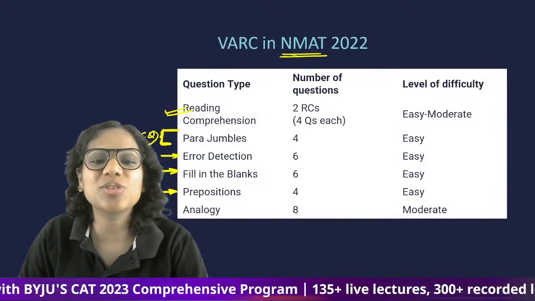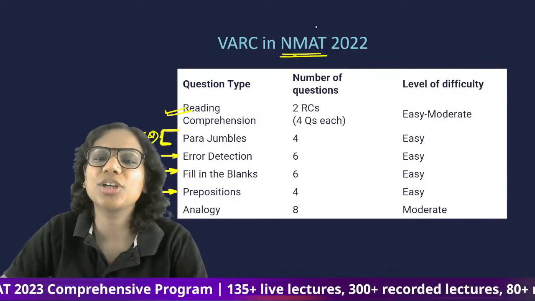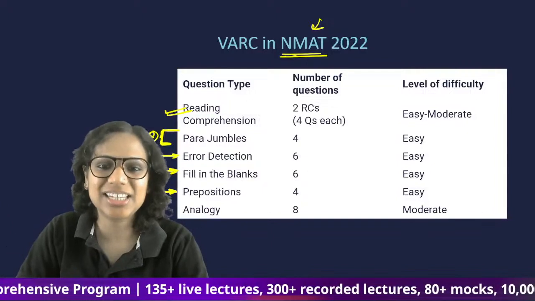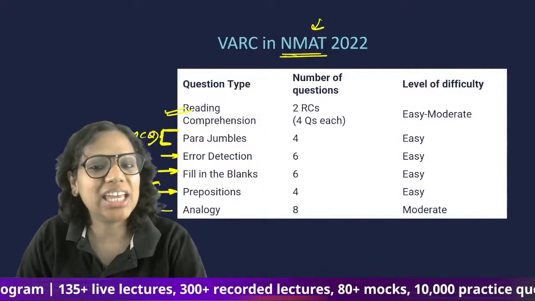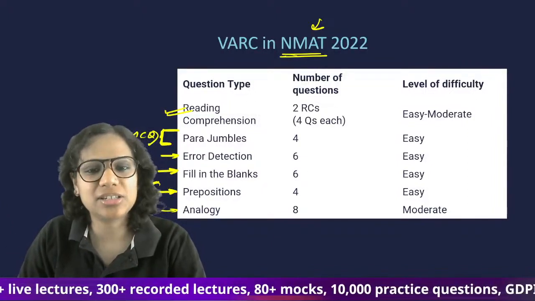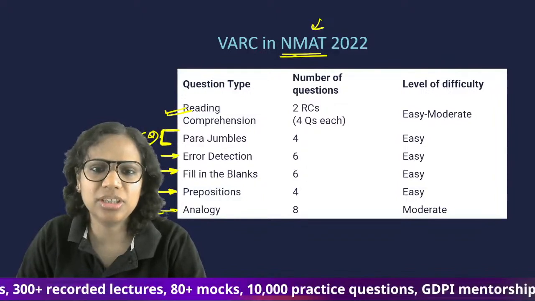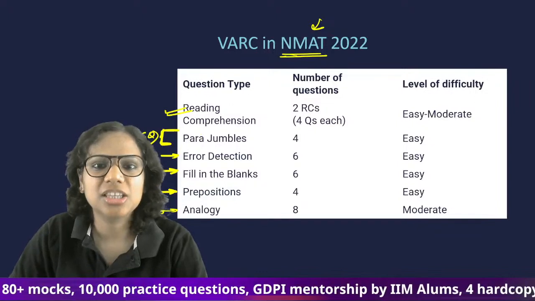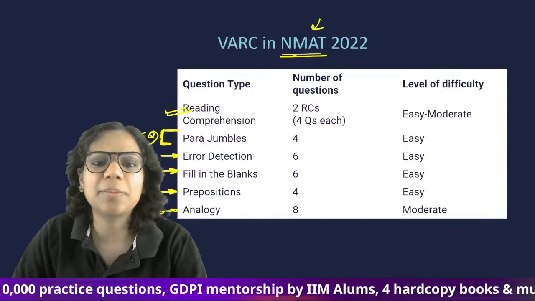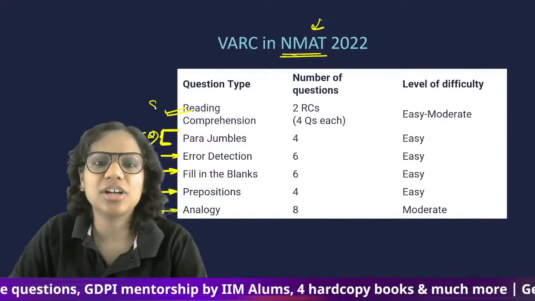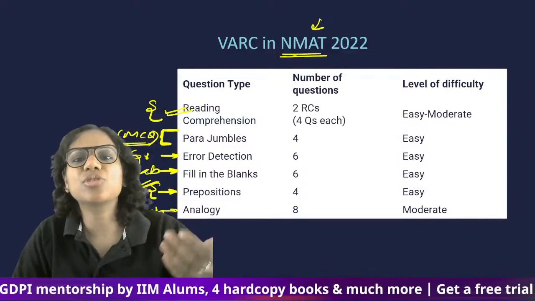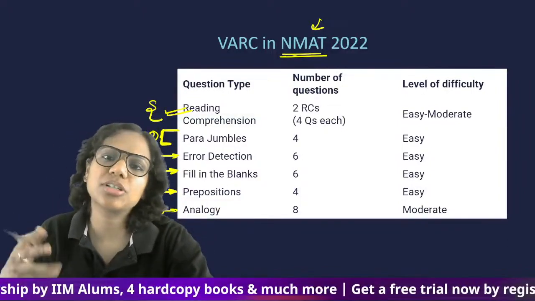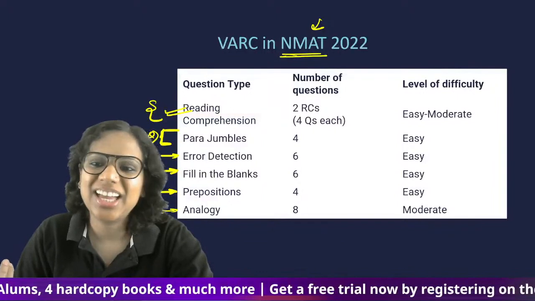So prepositions become a very important topic if you are going to take NMAT as your first test, even before CAT. Analogies, again, are vocabulary and logic based. So I'll call these two question types vocabulary based, these two grammar based. This is your logic, parajumbles, but with options, and two RCs were there last year. In some slots, they were of 5 questions each. In some slots, they were of 4 questions each.